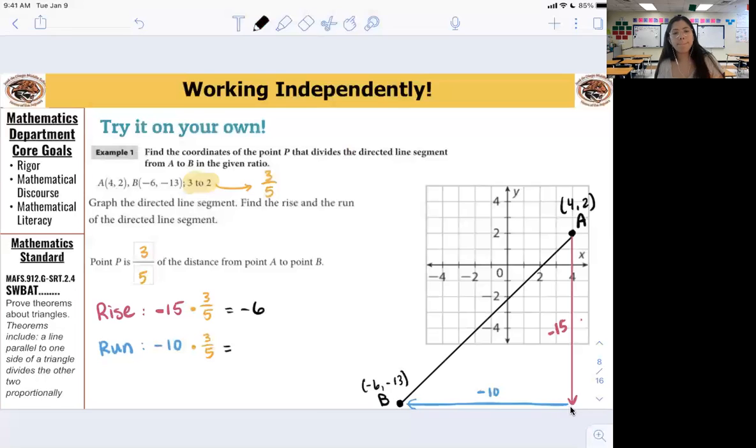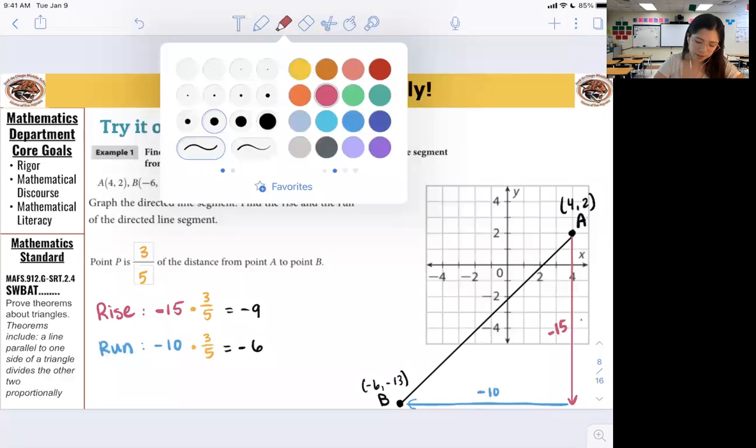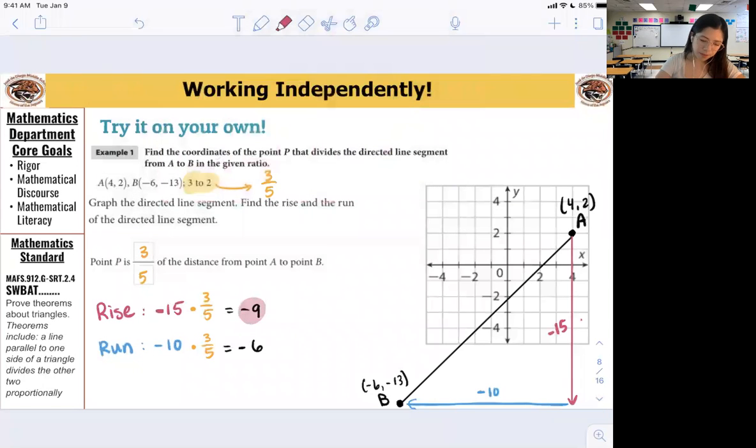What about the run? Or is that the run? That was the run, sorry. I wrote it down in the wrong place. So what's the rise? Negative 9. There you go. Cool. I've got my new rise, my new run.